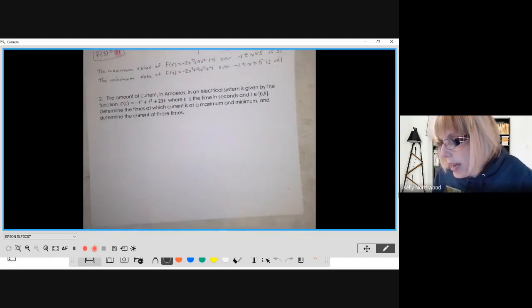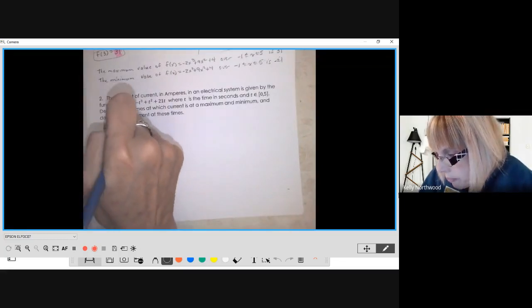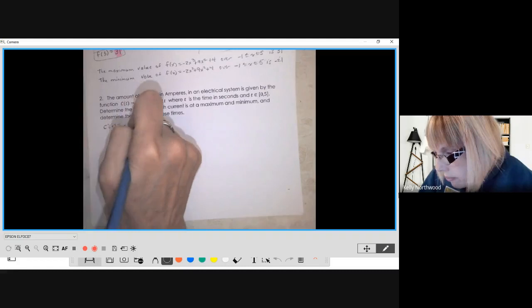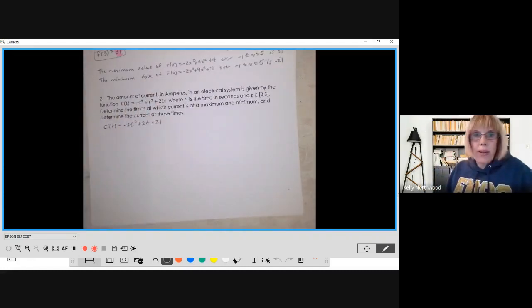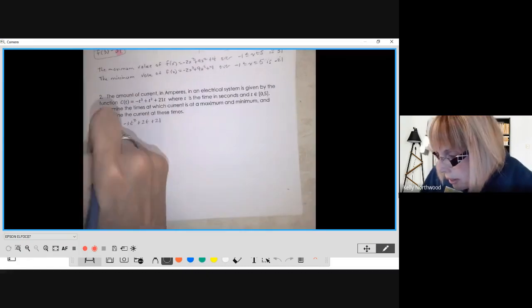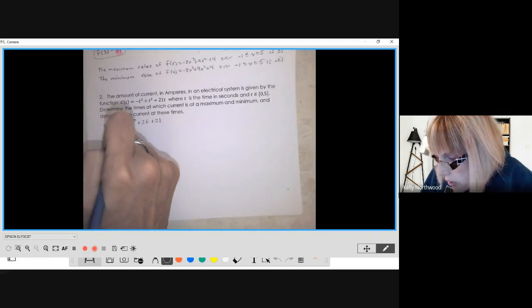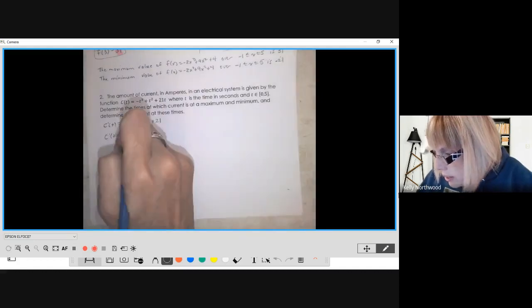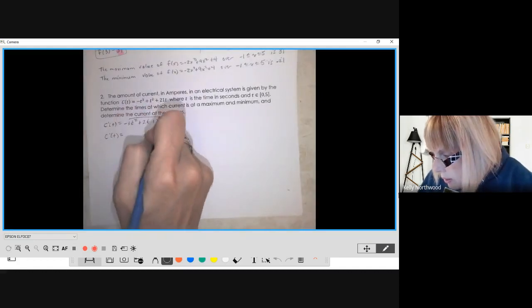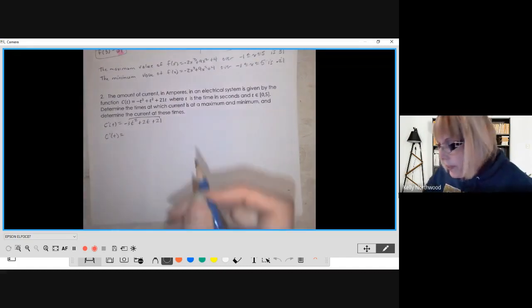All right, so again, the first thing we're going to do is find c prime at t. So there we go. And then factored form here. So I see that there isn't a common factor. So let's see if we can factor this trinomial.